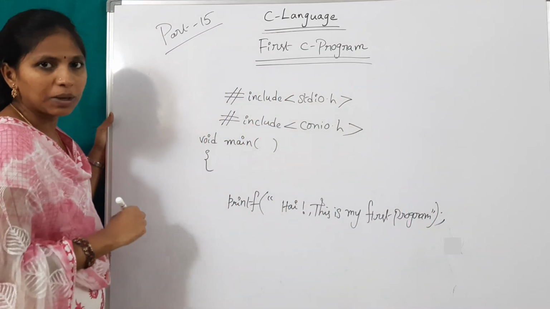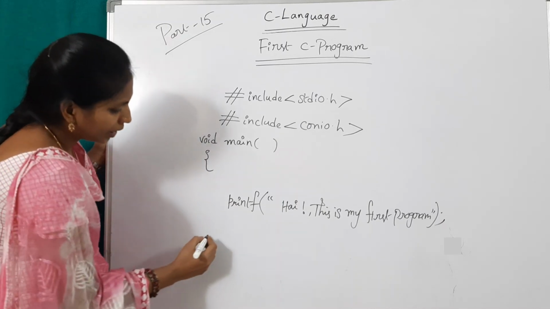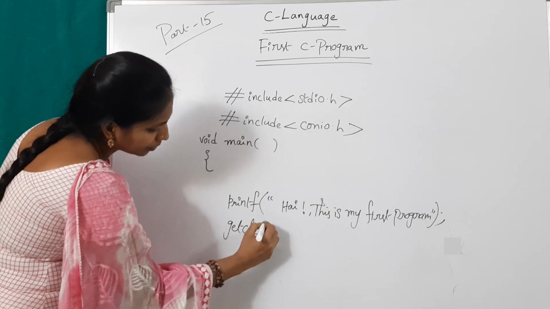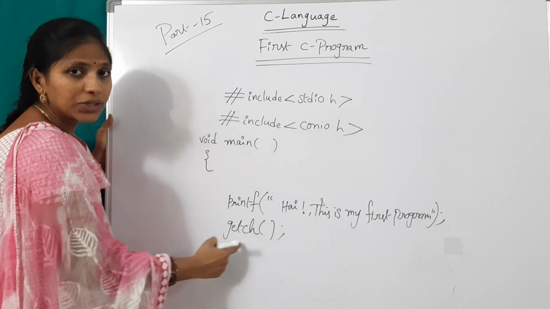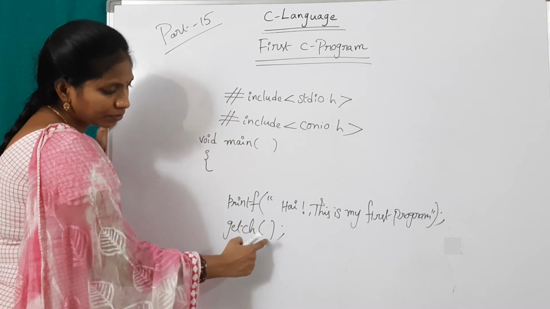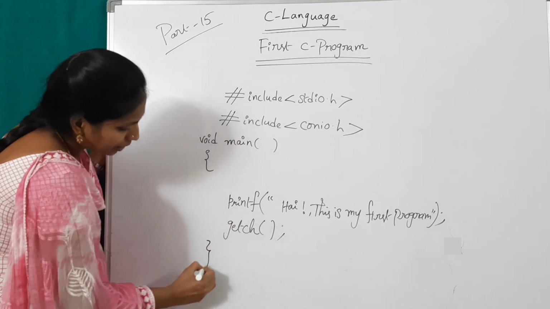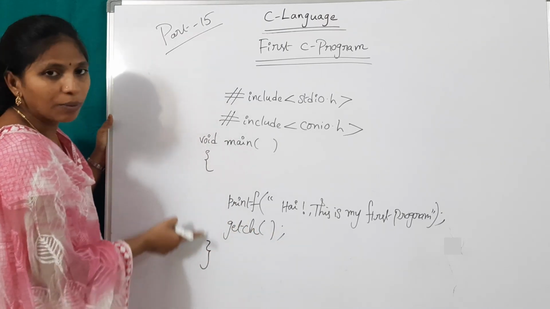At the end, a semicolon. Next, getch. Here getch is also a function. Normal brackets, and a last semicolon. This is the closing bracket of main.